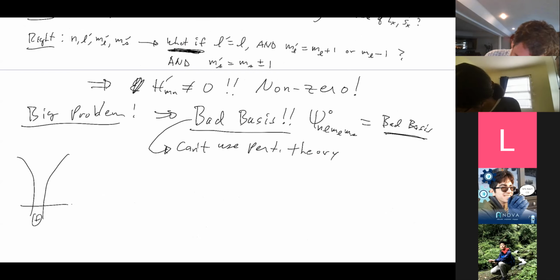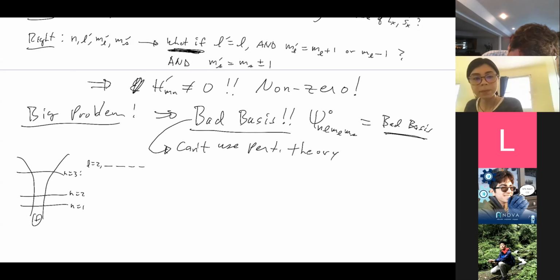We have n equals 1, n equals 2, n equals 3. Let me just look at n equals 3. For the n equals 3 level, we have L equals 2 and all the m sub l's, 5 of them: 2, 1, 0, -1, -2.